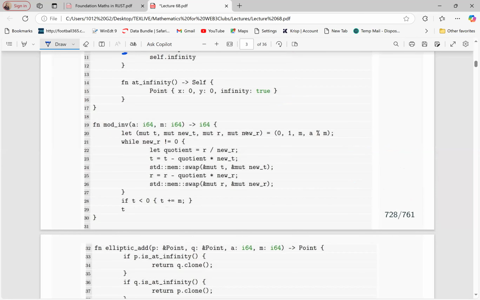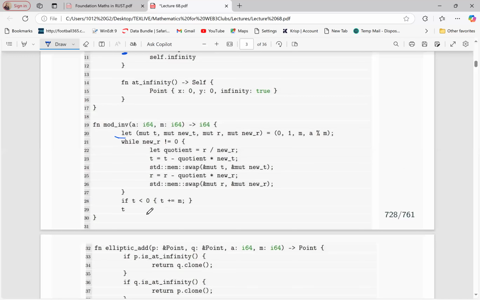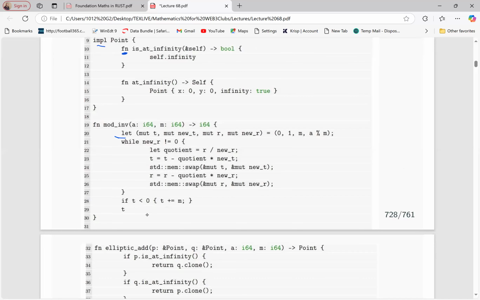But it begins from here. It begins by saying, let t be mutable, and initially you're initializing t to be 0. Let new t also be mutable, but you initialize it at 1.